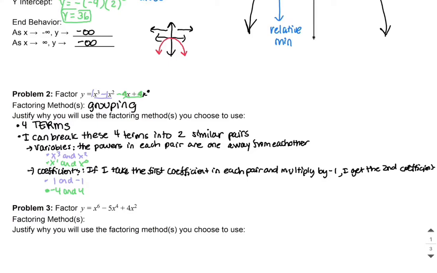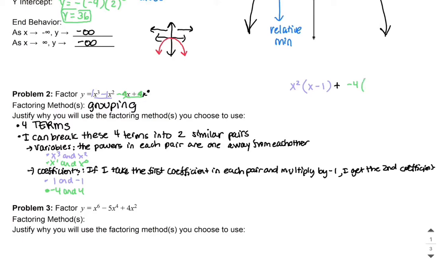So for my first pair, I'm going to take out the GCF, and I know the GCF is x squared. I have x squared times x gives me x cubed, and x squared times -1 gives me -x squared. Taking out the GCF of the second pair, the greatest common factor is -4.